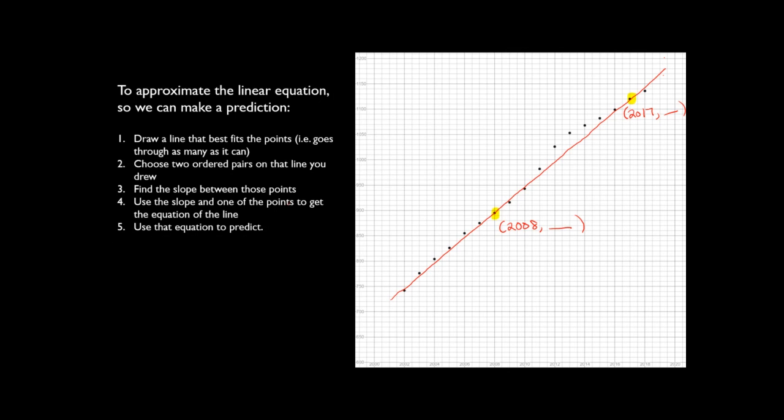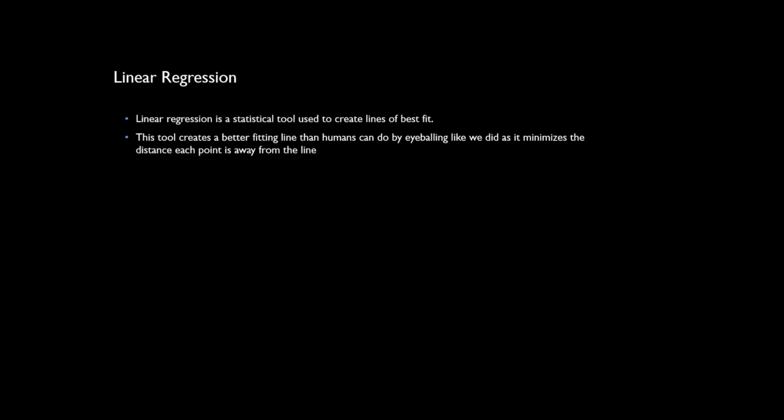So that brings us to something that is called linear regression. Linear regression is something used in statistics. It is a tool used to create a line of best fit. It's a procedure, these are the steps that you do, and it's a way to guarantee that everybody gets the same value, so that there's one line that everybody gets.